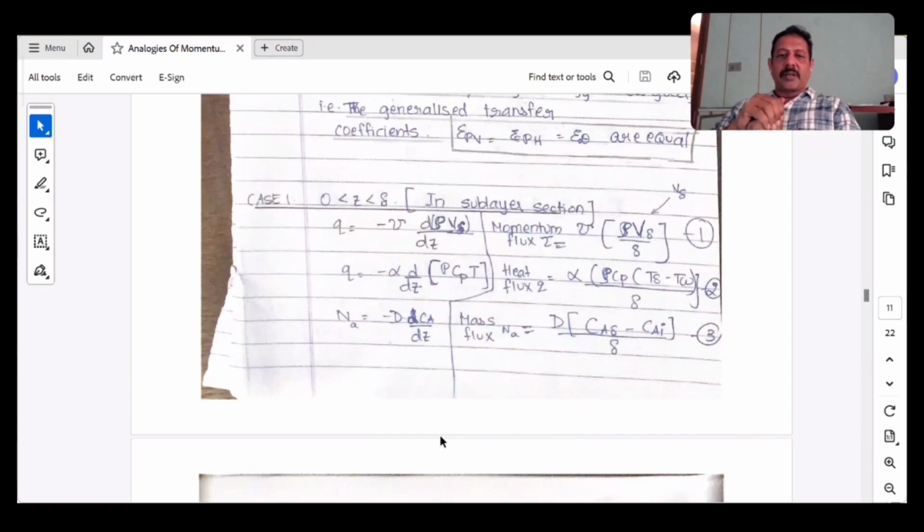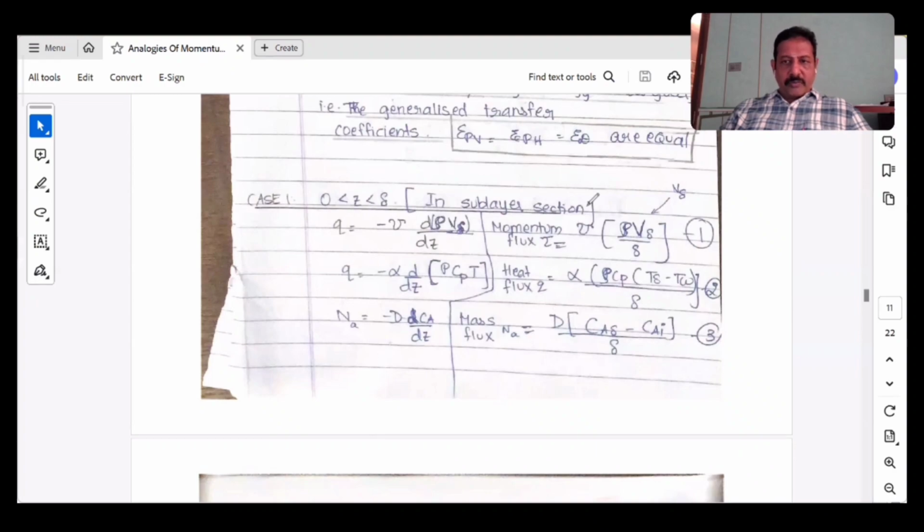Heat flux is alpha into the driving force rho Cp T delta minus rho Cp Tw; taking rho Cp common, T delta minus Tw by delta. Similarly for mass flux, Na is equal to diffusivity D into the concentration difference, CA delta minus CAi, divided by delta.